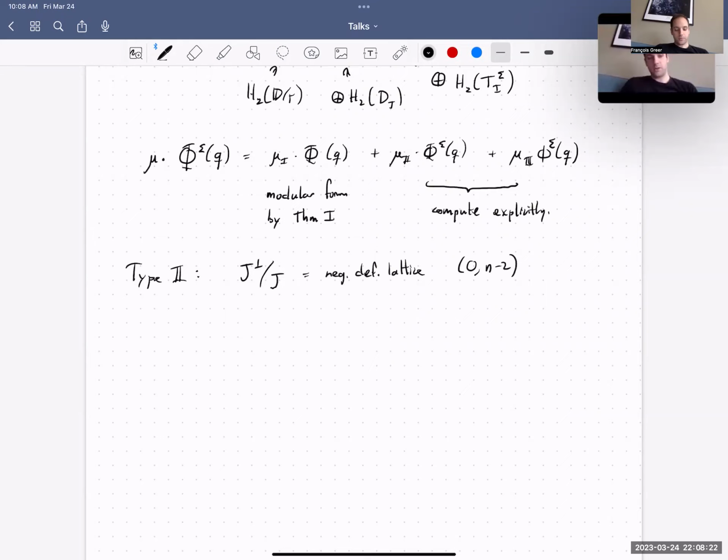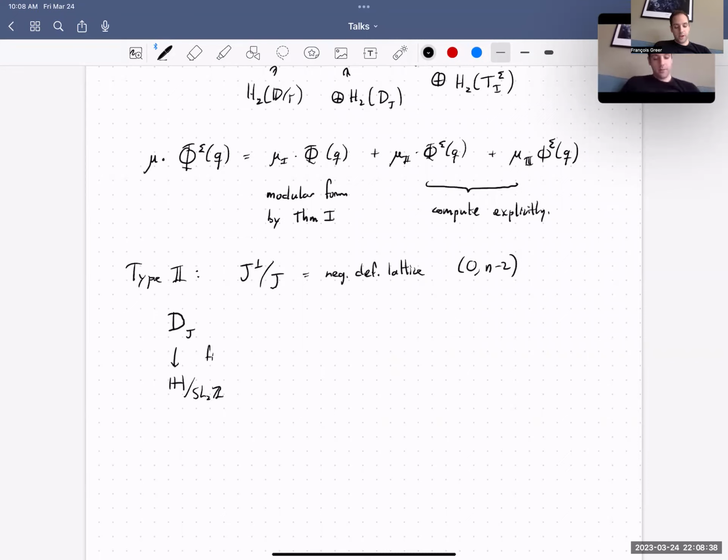And so the DJ is actually fibered over a modular curve, so H mod SL2Z. This modular curve is the Baily-Borel boundary component, and this DJ is the exceptional divisor of our blow-up.